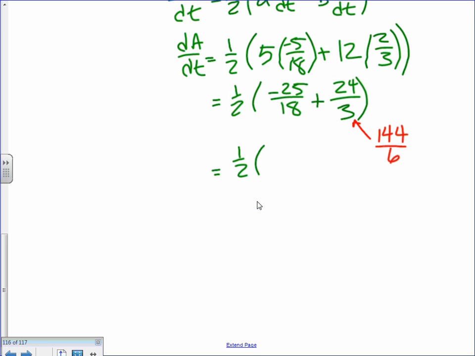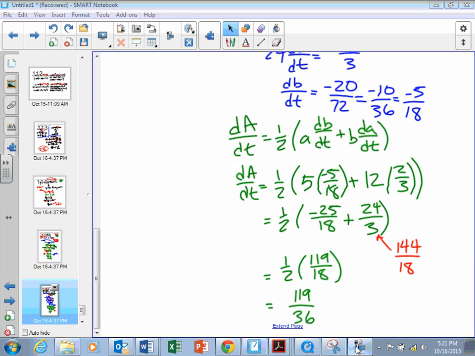But sometimes it's good to exercise those mental math skills. 144, and then we're going to subtract 25. So I believe that is 119 over 18. Yeah, I got to change that. It's not 144/6, it's 144. We were multiplying by 6, so it's 144/18. Okay, so this becomes 119/36.